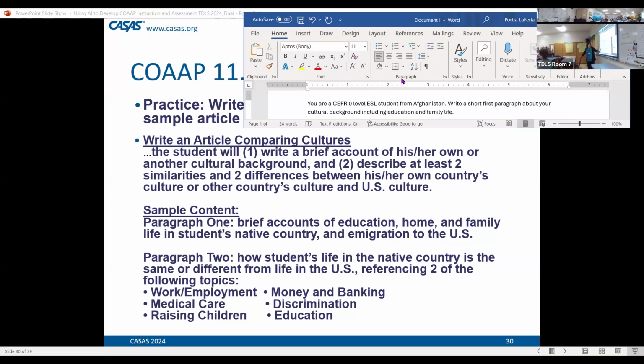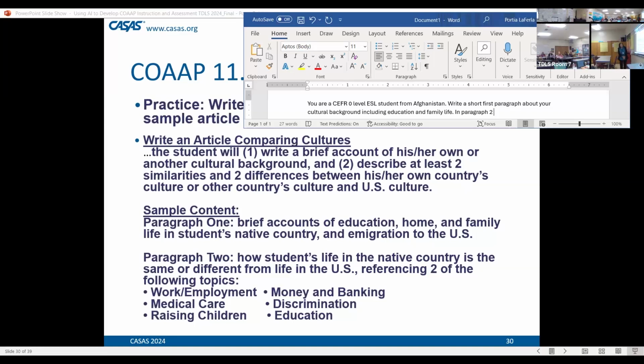And now let's talk about paragraph 2: how students' life in the native country is the same or different from the US, referencing two of the following topics. So what would we tell it? Work and employment, and raising children.